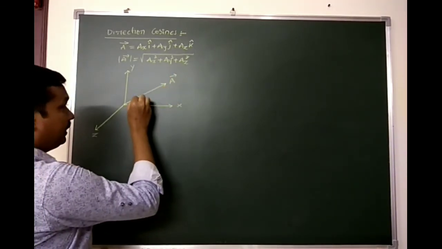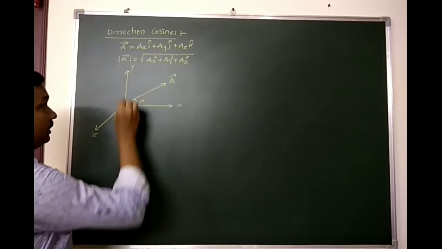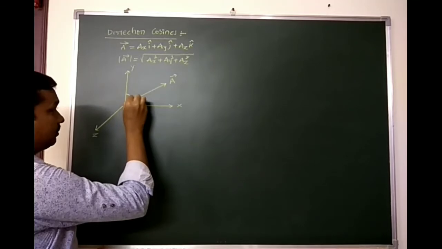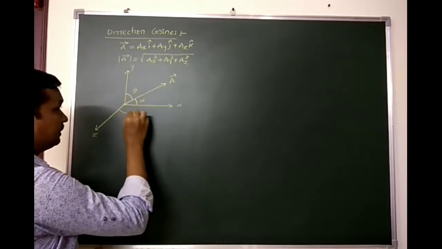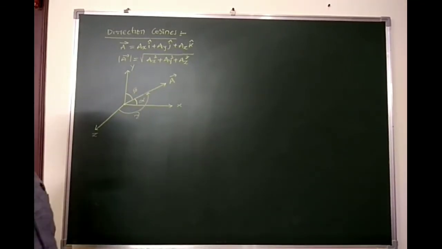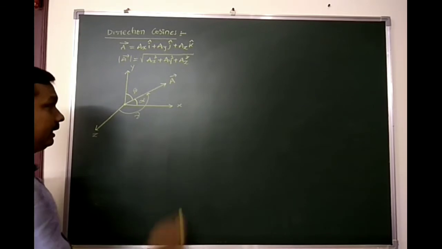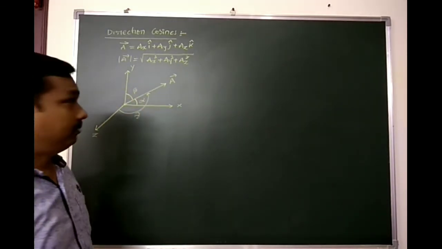What is the angle made with the x-axis? Alpha. What is the angle made with the y-axis? Beta. What is the angle made with the z-axis? Gamma. Alpha, beta, gamma are the angles made with the x-axis, y-axis, z-axis respectively.